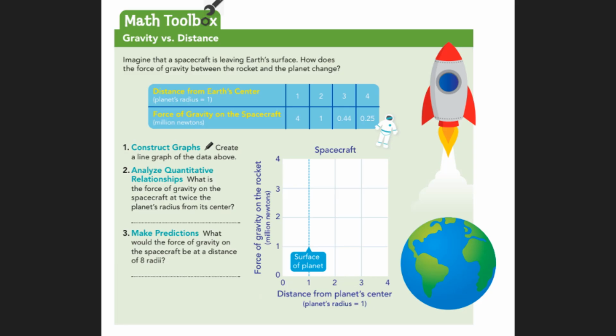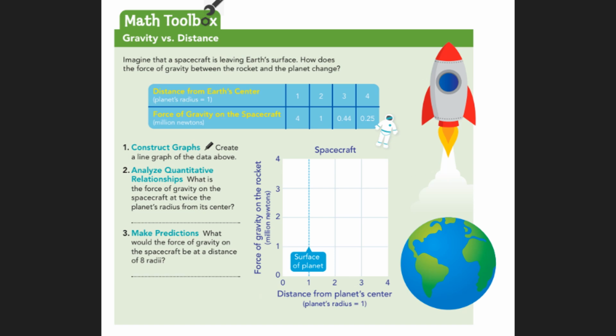All right, so now it's time for our math toolbox, gravity versus distance. Imagine that a spacecraft is leaving Earth's surface. How does the force of gravity between the rocket and the planet change? Here we have the distance from Earth's center at the top and the force of gravity on the spacecraft. We're going to first create a line graph of the data above.